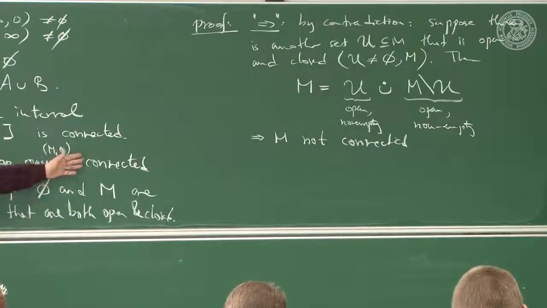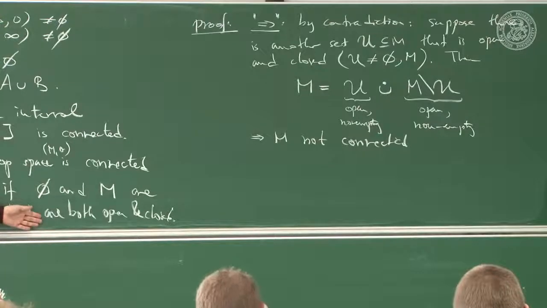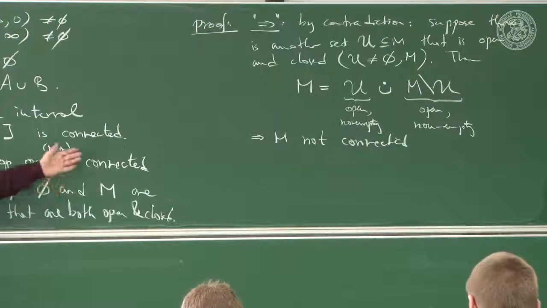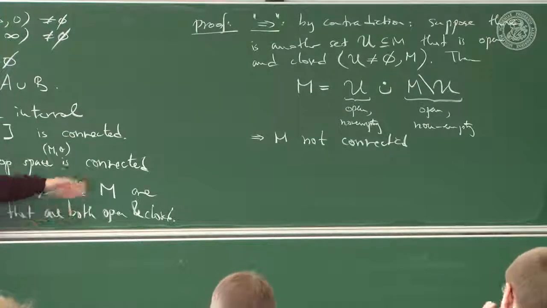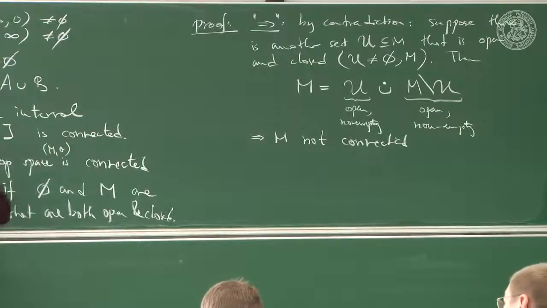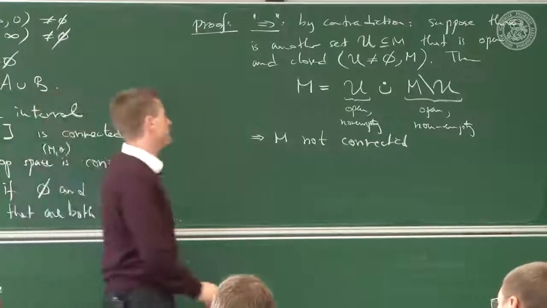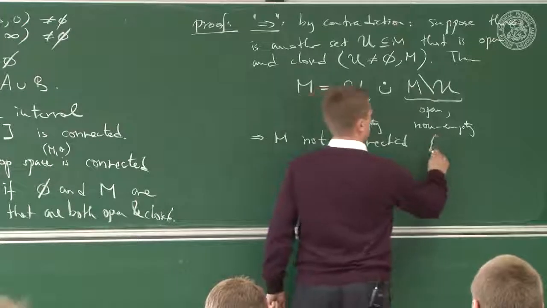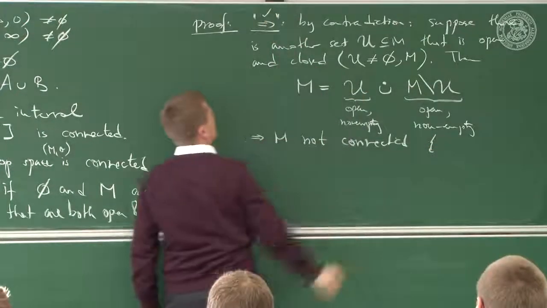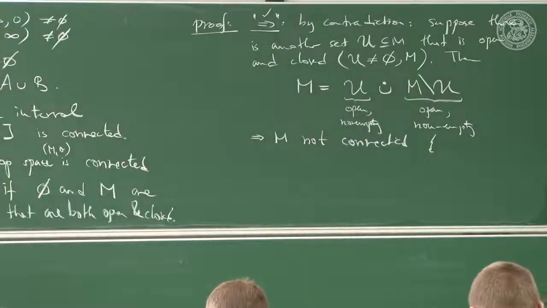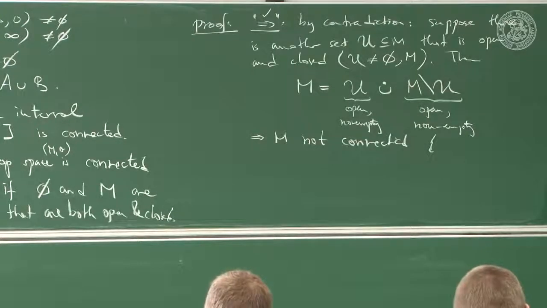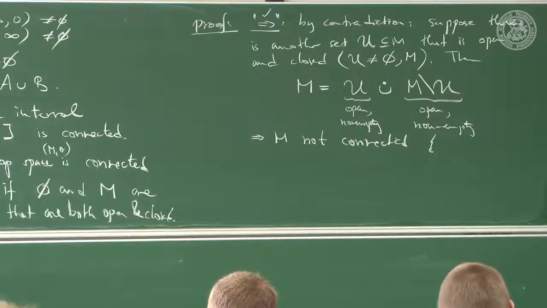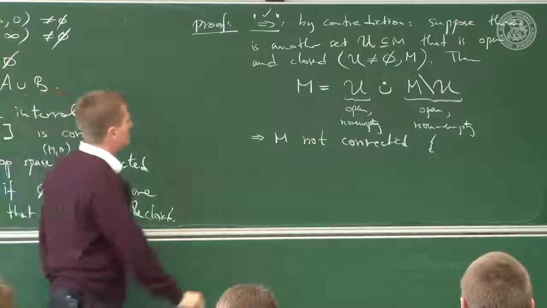We assumed the negation of the conclusion, and we obtained the negation of the assumption. That's exactly our proof by contradiction. Hence, this direction is proven: connected implies only the empty set and M are open and closed at the same time.